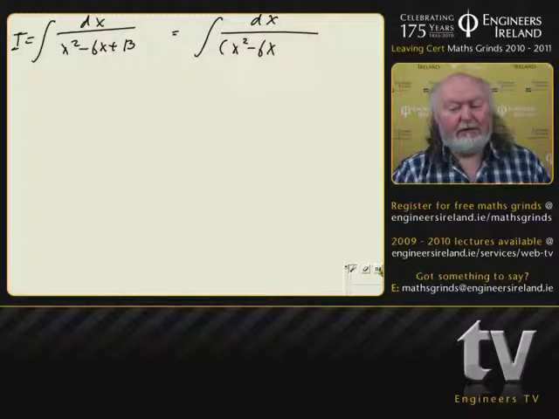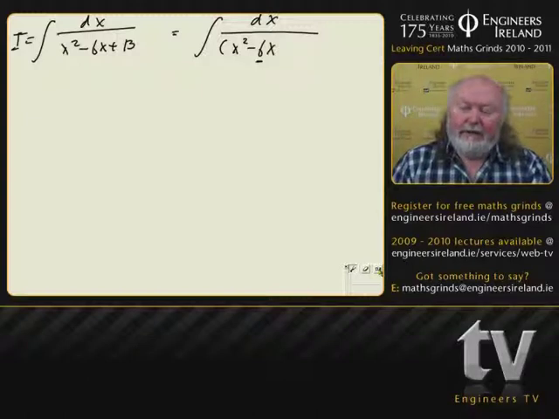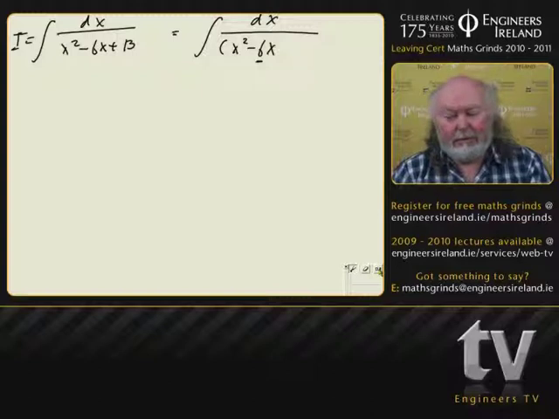Now we want to form a square, and the square that comes out of this is, I know that the minus 6 is going to be twice the number that I want to deal with here. So we're saying x minus 3 is what I'm looking for, and minus 3 squared will give me a plus 9. I had in total 13, I've already used up 9 of them, so I'm left with 4.